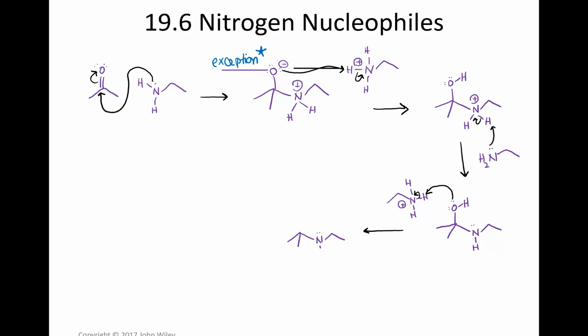So now it's a really good leaving group, and it can definitely leave. So we can show loss of a leaving group. And then instead of forming a positive charge on the carbon, we'll just show a resonance arrow at the same time in order to get to the most stable resonance contributor in one step.